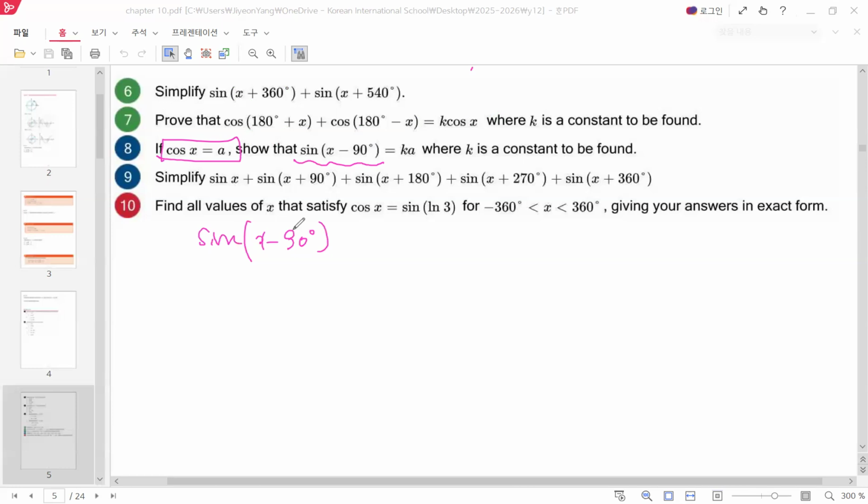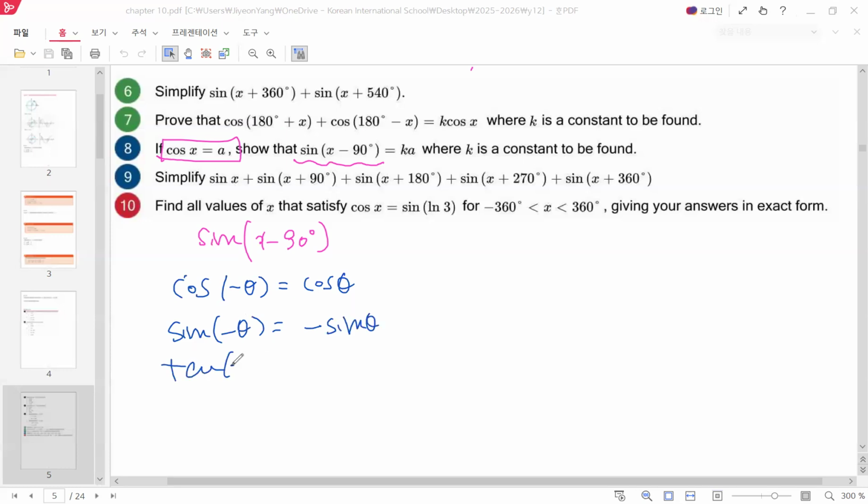Okay, so firstly, I want you to remember this thing, okay? Cosine of negative theta equals cosine theta. Sine of negative theta is equal to negative sine theta.